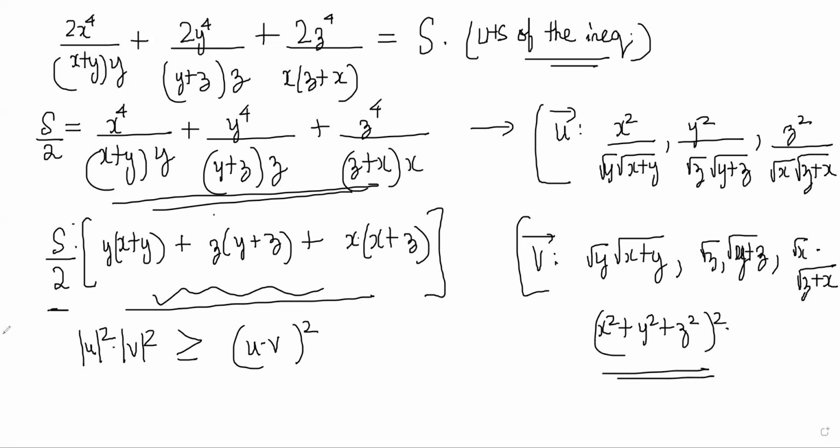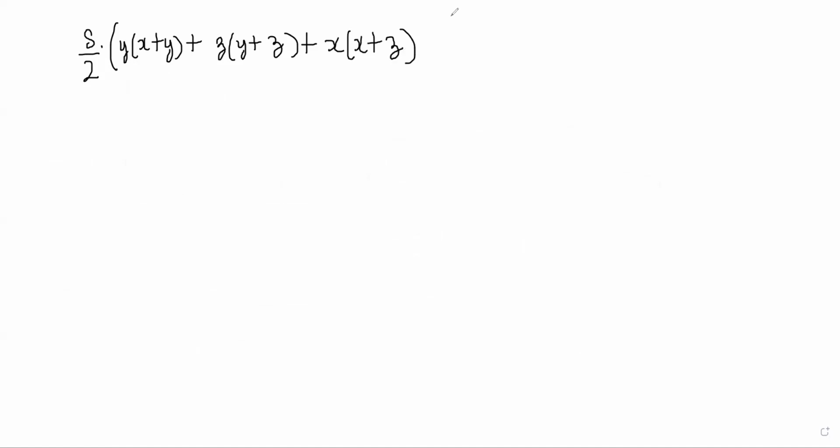So what we are getting is this expression: S/2 multiplied by [y(x + y) + z(y + z) + x(x + z)] is greater than or equal to (x² + y² + z²)², right?